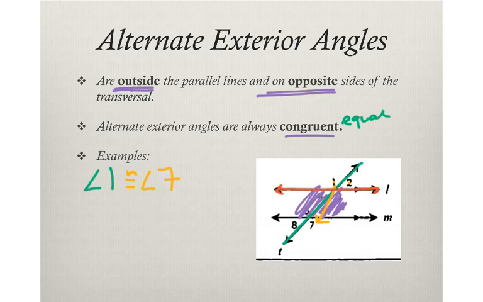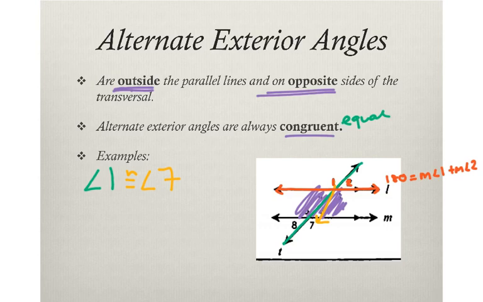Straight line. Angle 1 and angle 2 make up that straight line. Straight line also means 180 degrees, meaning the measure of angle 1 plus the measure of angle 2 has to equal 180 degrees. Just by looking at them, I can already tell that they're not the same measure.